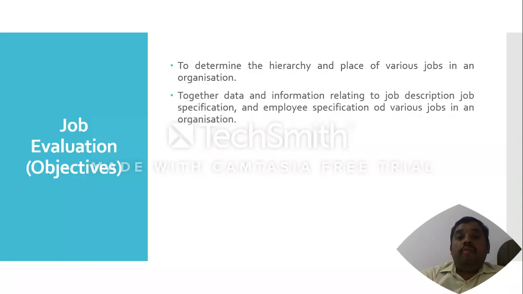to gather data and information relating to job description, job specification and employee specification of various jobs in an organization. This was already discussed, what a JD is all about. Job description, I'll repeat again, contains information like eligibility criteria, skill, education, experience, and the nature of work to be done in an organization during the tenure of the offer.